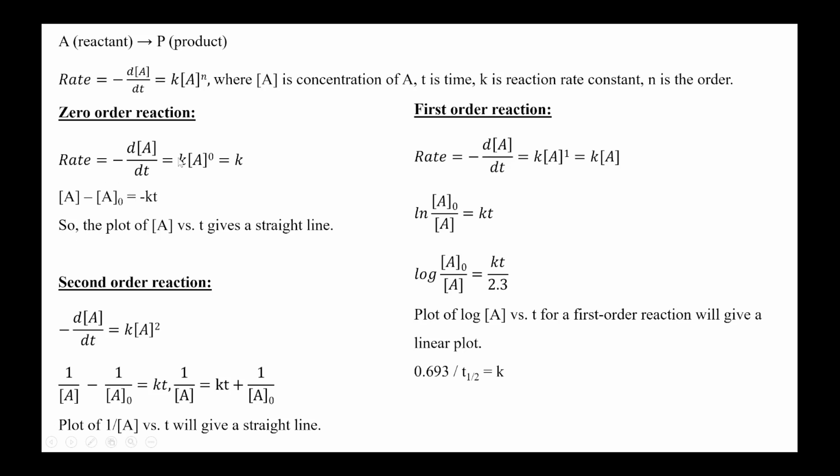Here you can see, since the rate is independent of the concentration of the reactant, the rate is a constant value. K is a rate constant, so K is a constant value. So the plot that you will get here for a zero order reaction would be a straight line.